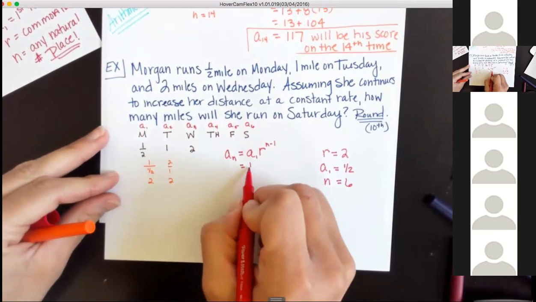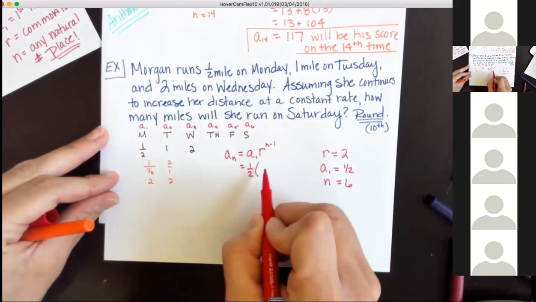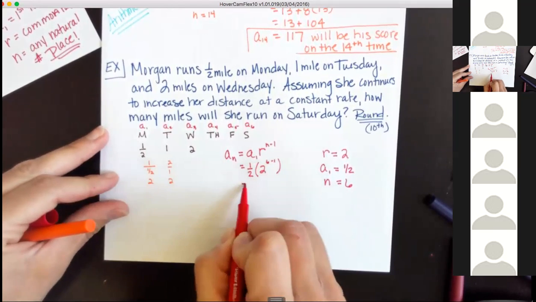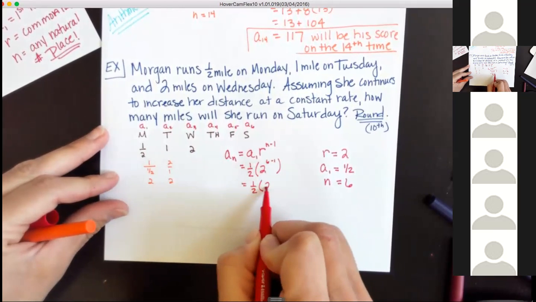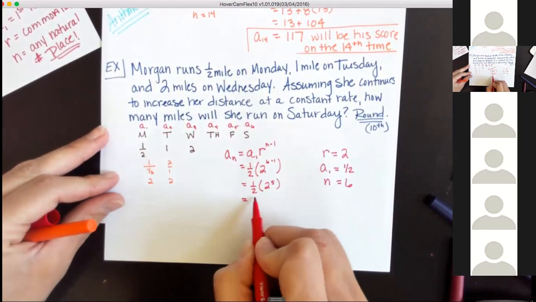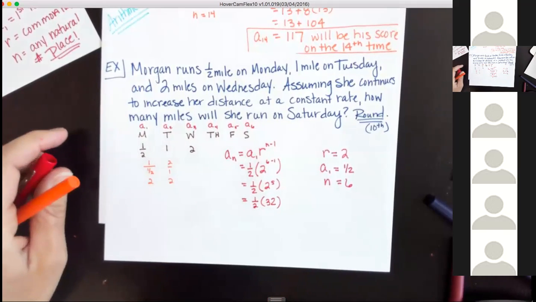So we have 1/2 times 2 raised to the 6 minus 1. So it's 1/2 times 2 to the 5th. So it's half of 32.